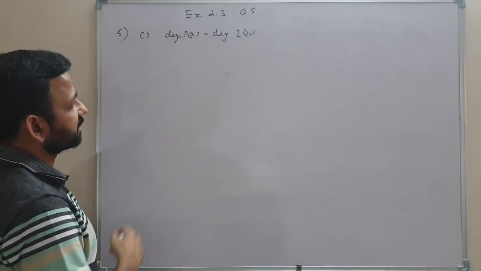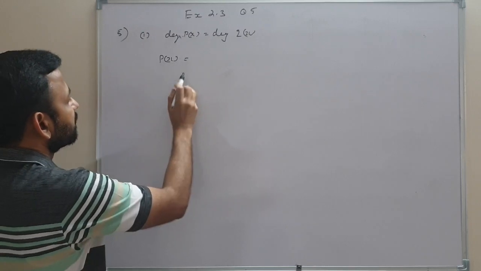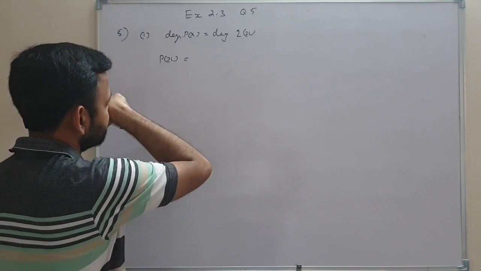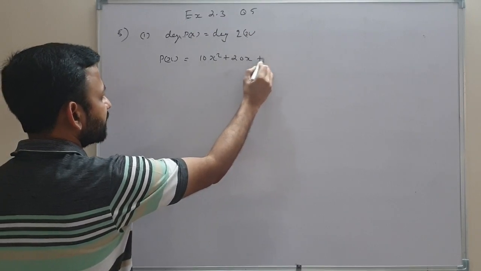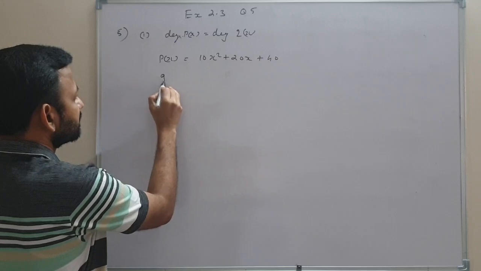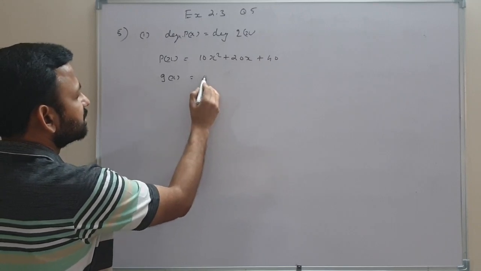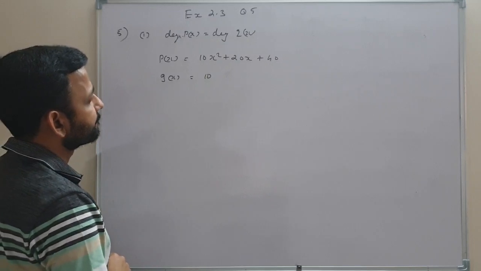Suppose we are taking p(x) equal to 10x² + 20x + 40 and g(x) equal to 10.